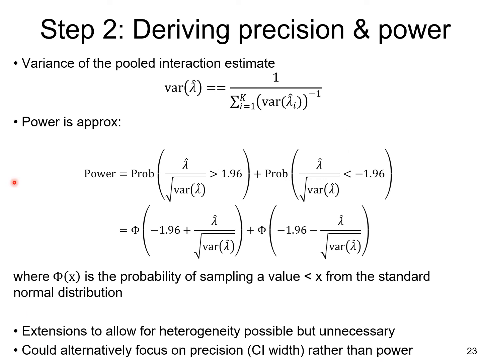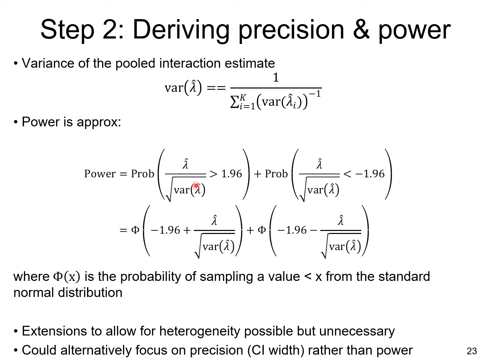So once we've worked out the variance of the interaction estimate in each trial separately, we can then work out the variance of the meta-analysis interaction estimate, the pooled interaction estimate, based on this formula, the weighted average that we showed before. So we can just plug in our values of the variance of the interaction estimate from each trial, and following that we can work out the power.